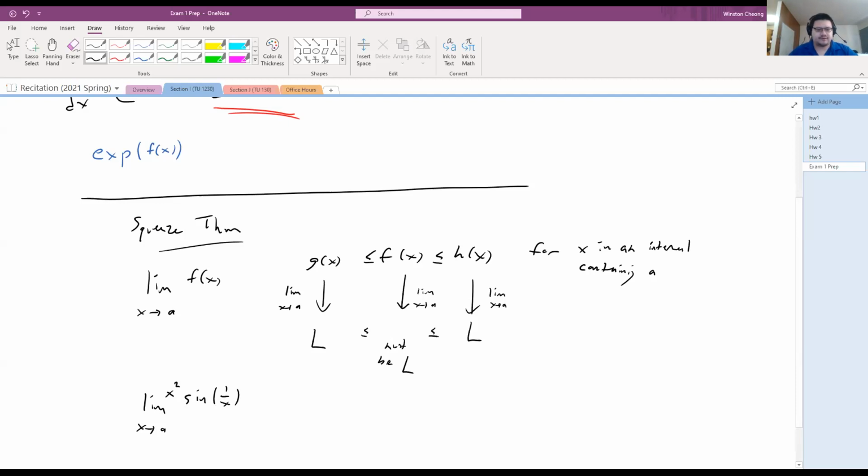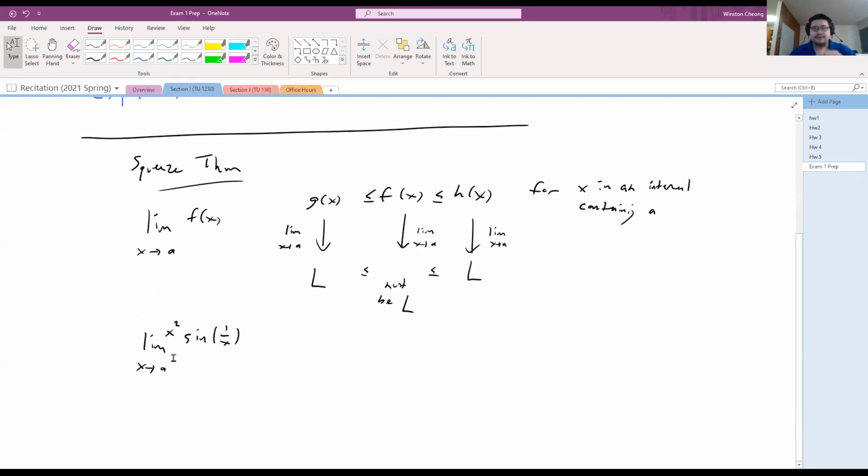The reason is that the sine of 1 over x function doesn't actually have a limit, but when you put that x squared in front, that gets rid of the infinite oscillations. The original function without the x squared would not have a limit, because it doesn't tend to a specific value. It oscillates infinitely fast as you approach 0, and this should be 0, not a.